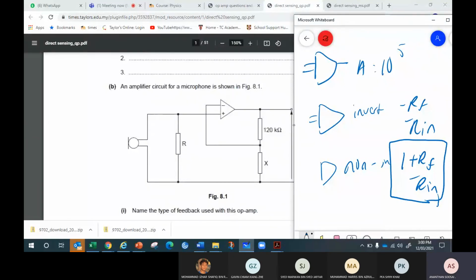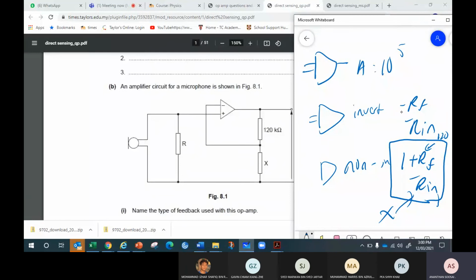120 is your RF. The first resistance when doing the feedback is RF. The second resistance X should be your Rin. Good. So when you look at the circuit and discover it's a non-inverting amplifier, immediately write the gain formula on the paper.